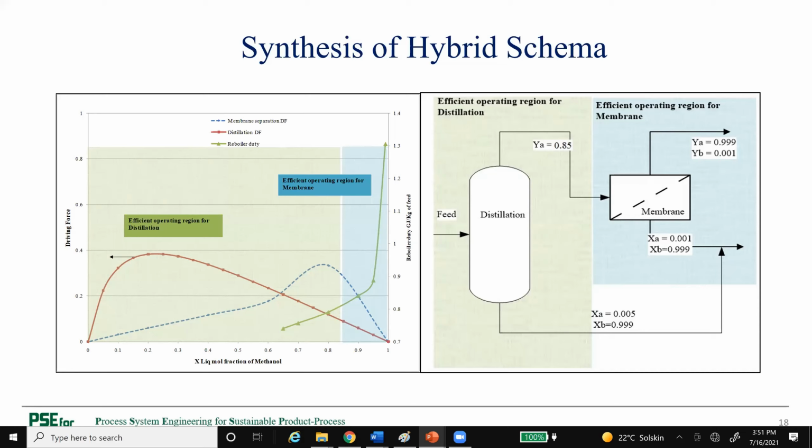Membrane is efficient only when the flux is small. And if you take 95% of the light product, the flux of that compound is high. What we want to do is to use the membrane to take the impurity, the other compound, compound B, which is in, let's say, 5%.